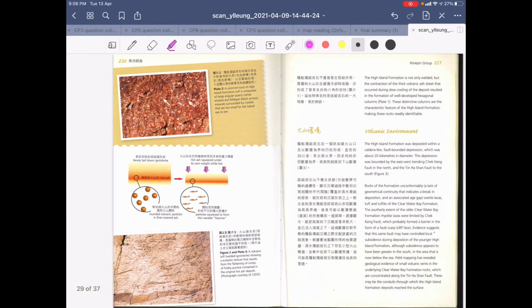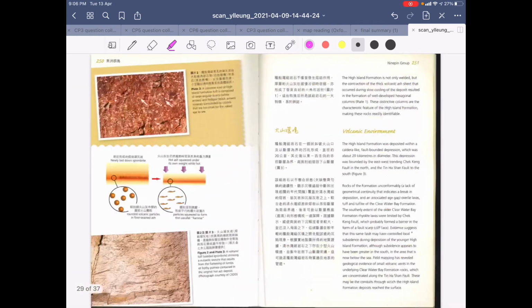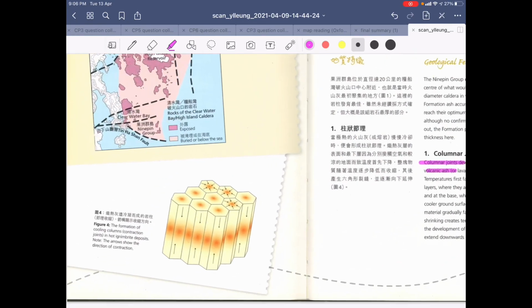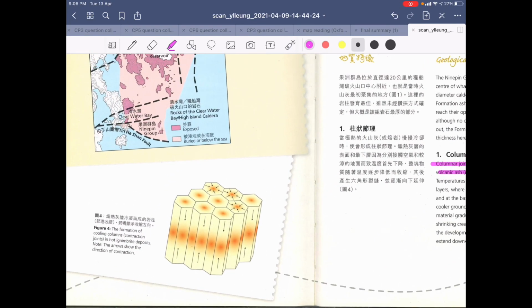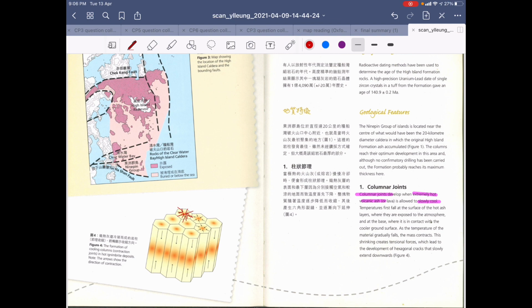Okay, and then what is the columnar joint? Columnar joint is talking about a very quick cooling, and then they are contracting in a very short period of time. And then because of this kind of cooling, they are forming the hexagonal columnar joint. I know you may not really know why, once it is cooling, there will be a hexagonal columnar joint.